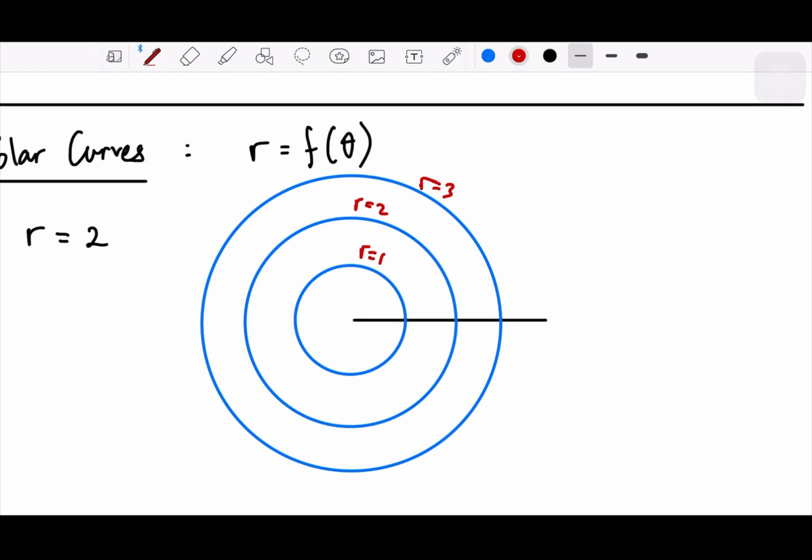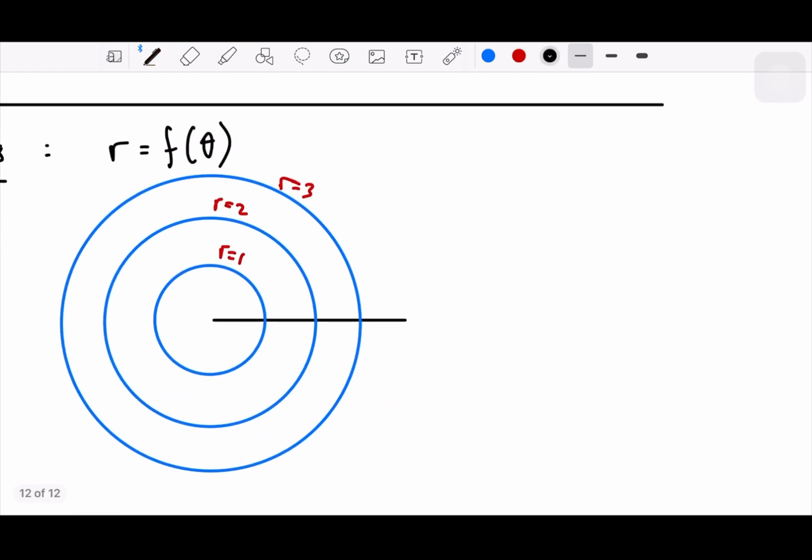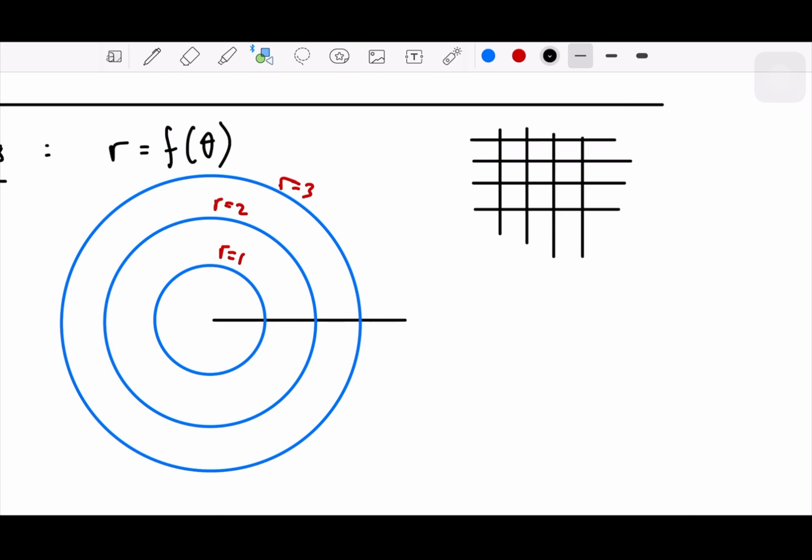If you remember, in elementary school, some schools used a book for drawing graphs with rectangles, and then you can easily draw shapes. This is Cartesian.